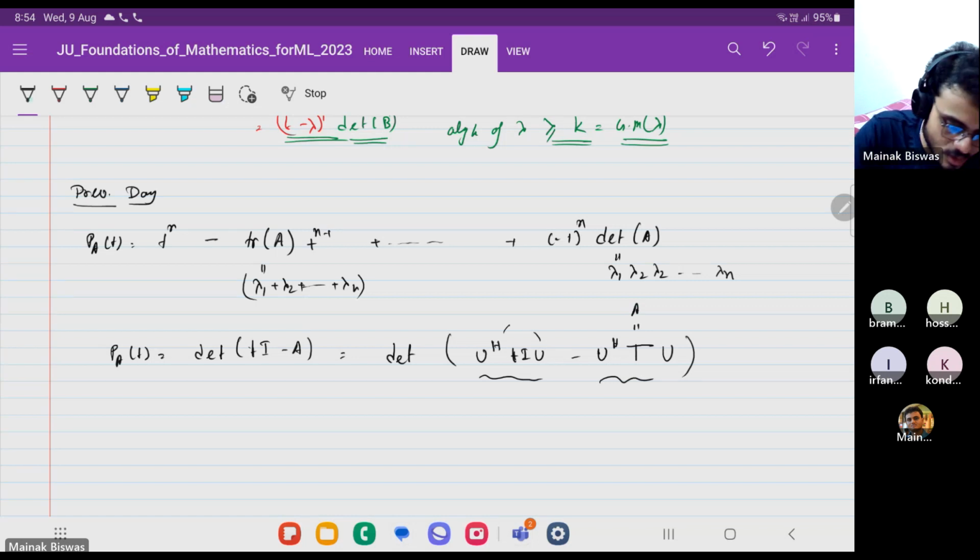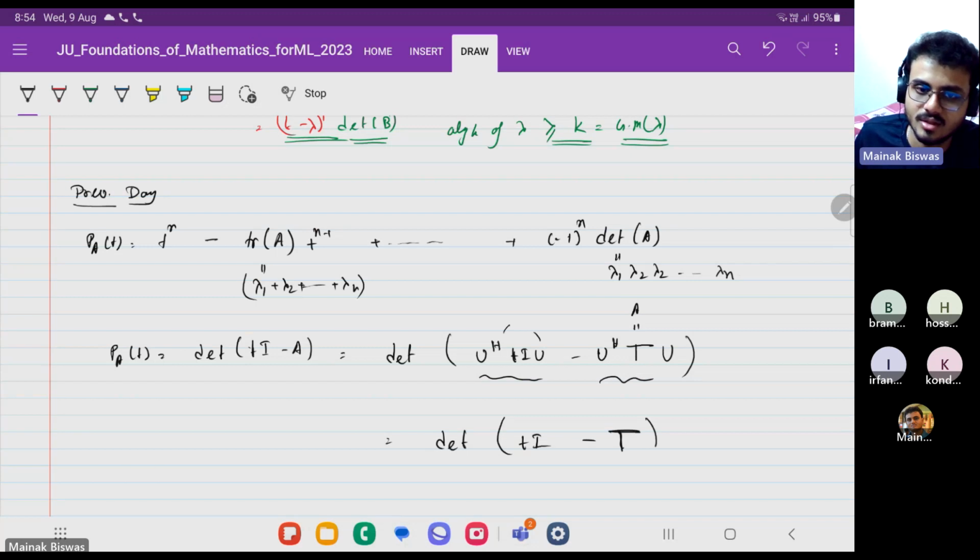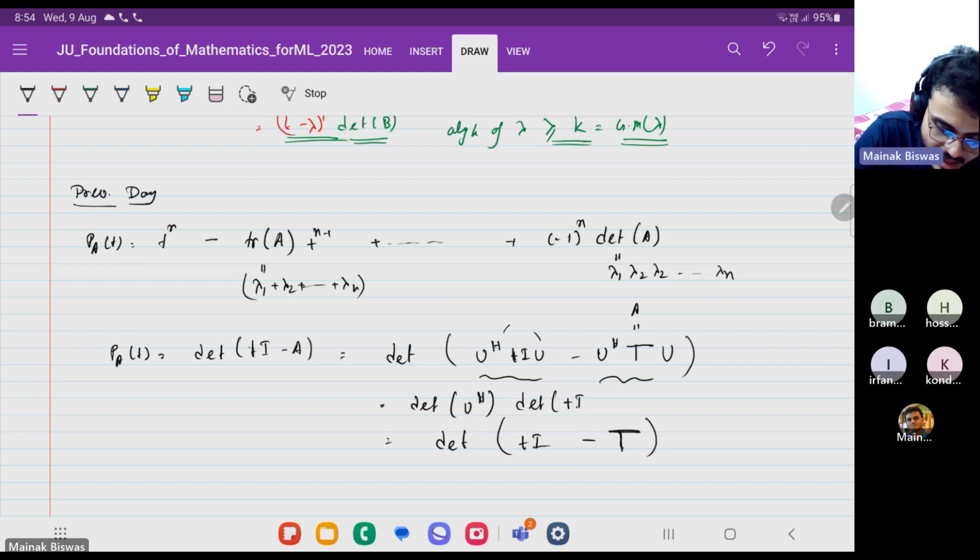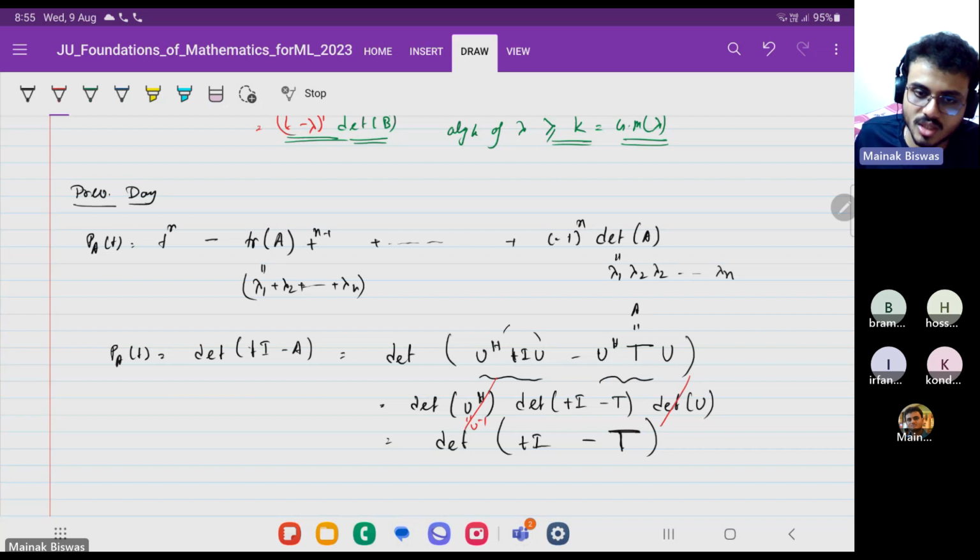So what will I end up getting? Do you agree I'll be getting TI minus capital T, which is a triangular matrix, which we had seen last day? Because this is nothing but determinant of U Hermitian into determinant of TI minus T into determinant of U. Do you agree? Yes. And since it is a unitary matrix, this is equal to U inverse. So these two will cancel. We had shown this last day.